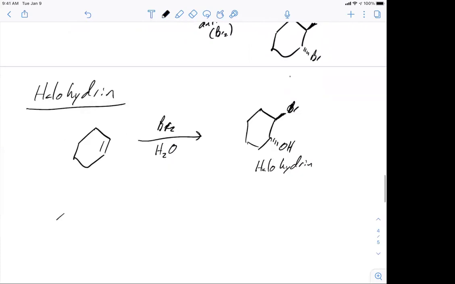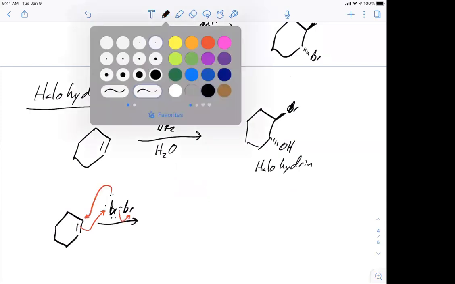The mechanism is very similar. I don't know, my hand's sliding today. So again, we start with that bromine. One of the bromines is going to be electrophilic, the other one will be partially nucleophilic. We get loss, electrons come back, react to give us our brominium ion.